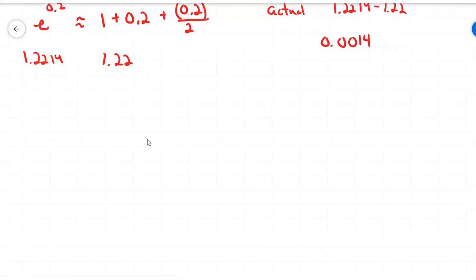All right, back in the day, we had talked about integrating things like e to the x squared. Is it possible to build a Taylor polynomial for e to the x squared? What does e to the x squared look like?